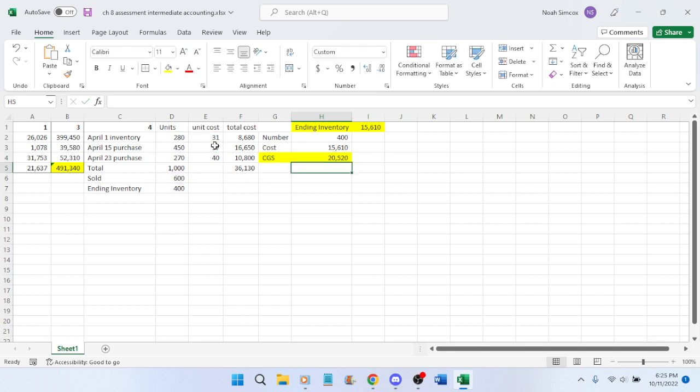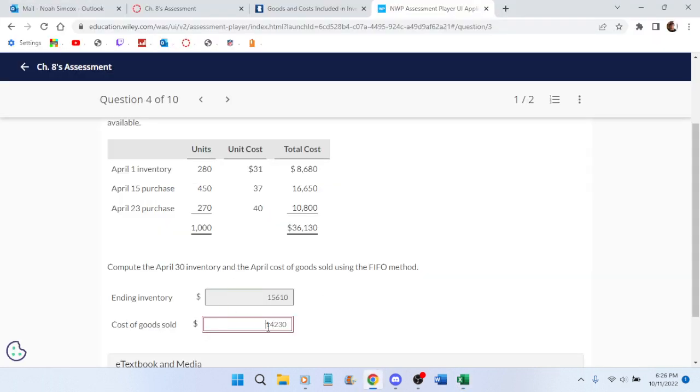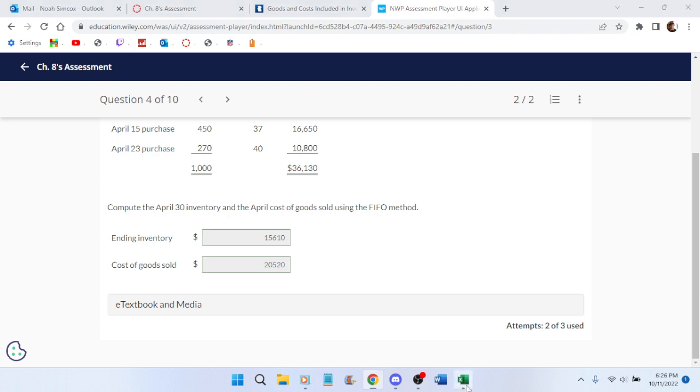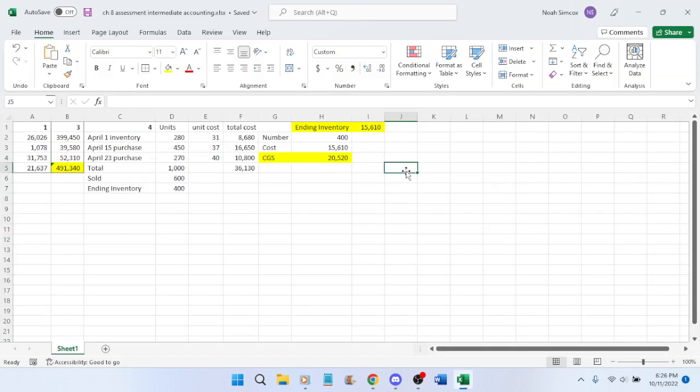I think that's correct. Save 20,000 to 520. Thank you. I just made a stupid mental mistake, so we're good. Just to make it look nice. I hate myself. I'm gonna move it over.